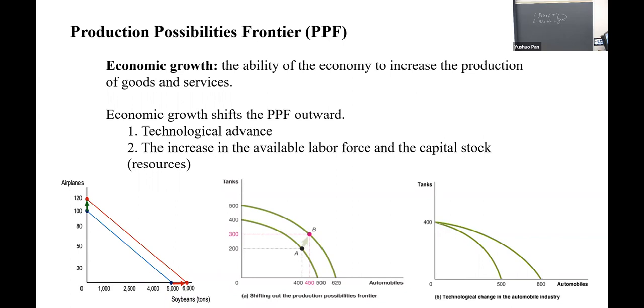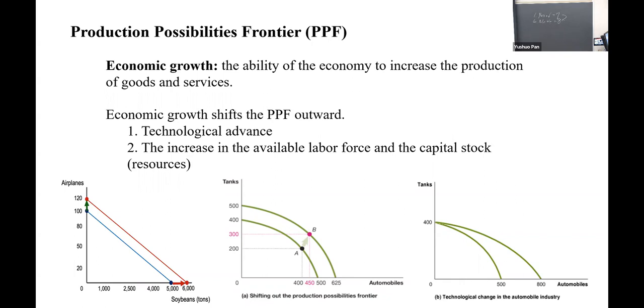For the PPF, it shows the maximum combination you can get, but the prerequisite is that you are given a fixed amount of resources, right? But if I give you more resources, you are going to have a bigger combination, or you can get more output.